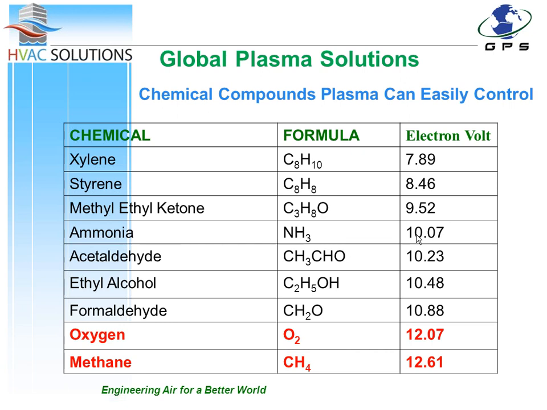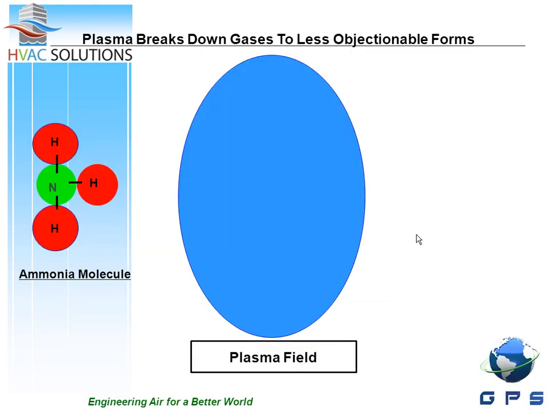But they do a great job at getting rid of some of the common ones, like ammonia. We see ammonia in the air all the time. We see formaldehyde, that poster child of VOCs everywhere. So we're doing a great job at getting rid of those, but at the same time, we're not messing with the air that we breathe. Here's an example of what happens.